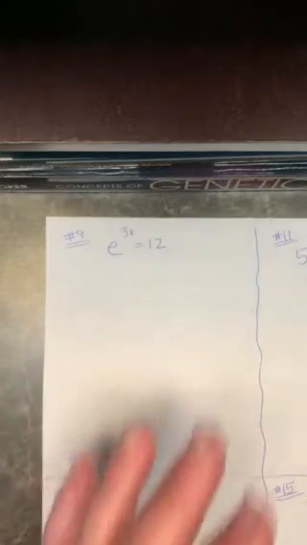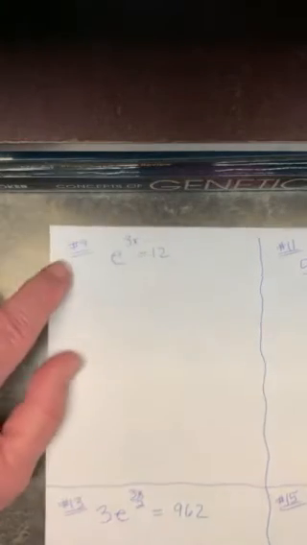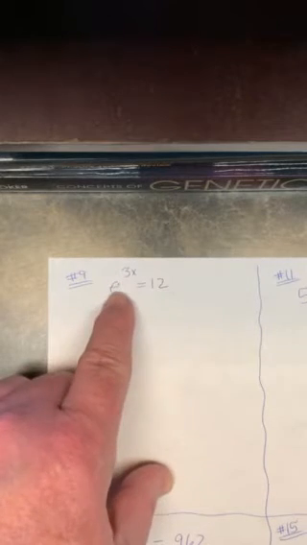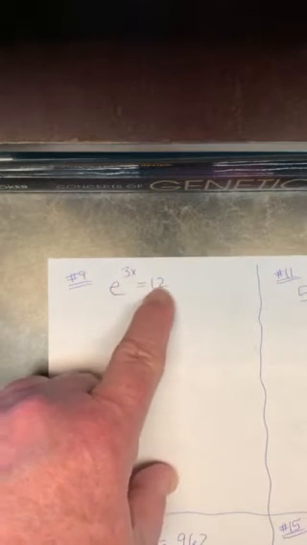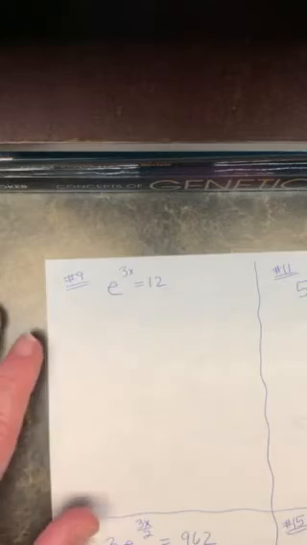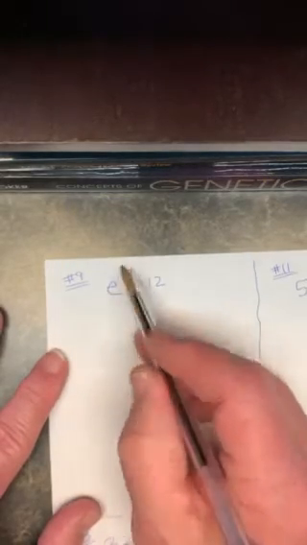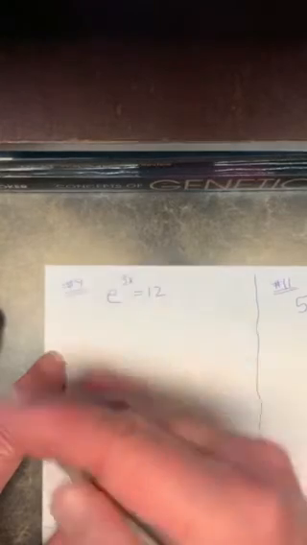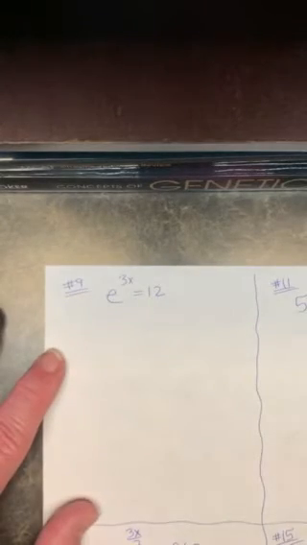Okay? I'm flipping to the back. If you're referring to your worksheet, I'm on number 9. Uh-oh, instead of just an x, it's e to the 3x equals 12. Okay, first of all, the good news is that the e to the exponent that's missing is by itself, isn't it? So aren't we going to natural log both sides?